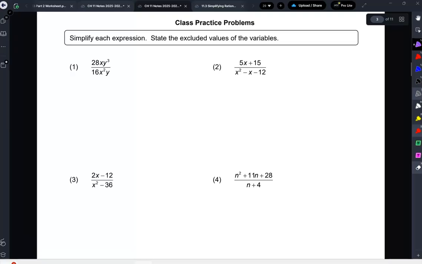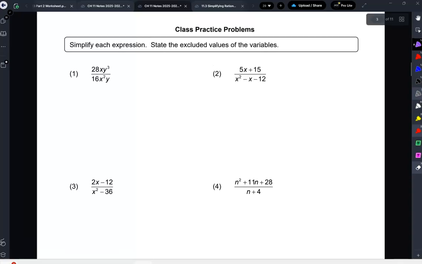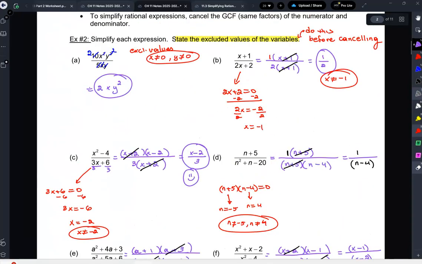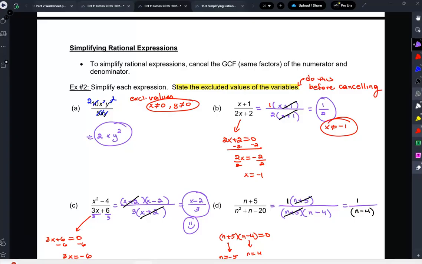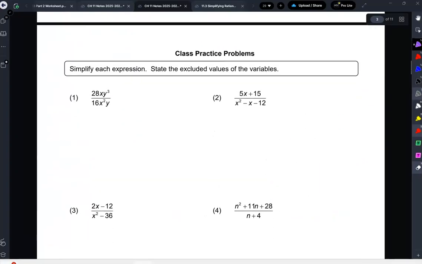Now look, 1, 2, 3, and 4. The first one is just a monomial, so you're going to do it like example 2a, this one. Okay, go.